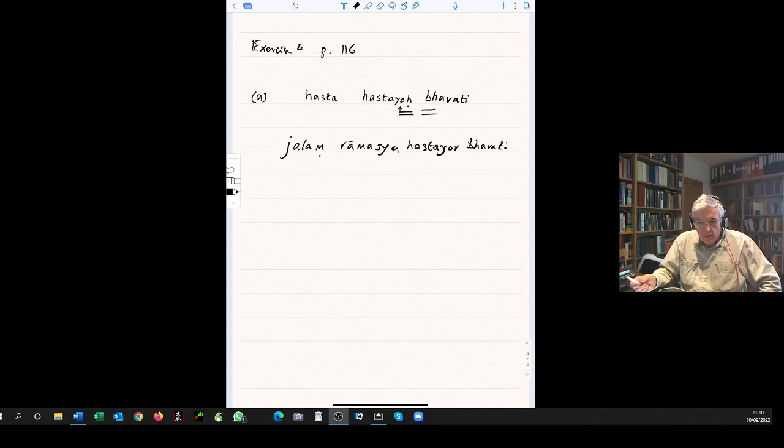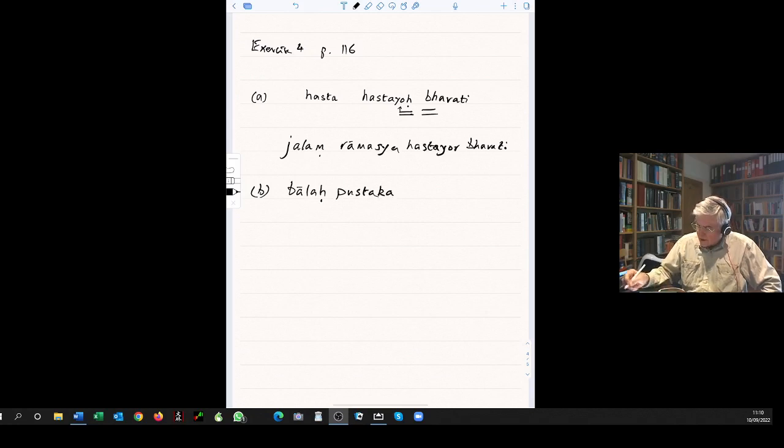Sentence B. The boy reads the book. The boy, balah, the book, pustakam, reads, patati. That's simple enough. So balaha, followed by a p, so it doesn't change.